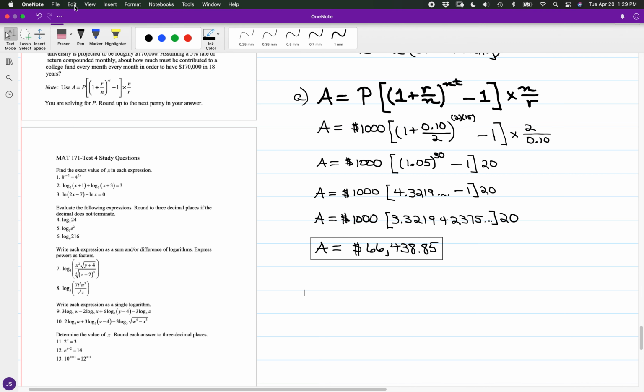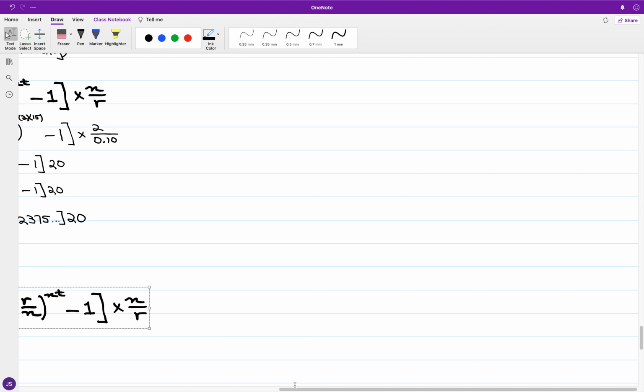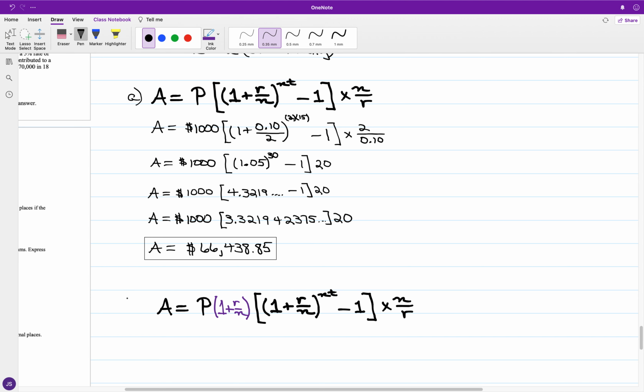Just for the difference, you have this formula once again, for part B. So we got the 66,438.85, and the added item here is the 1 plus R over N. So 1 plus R over N, R is 0.1, N is 2, so we have 1.05.